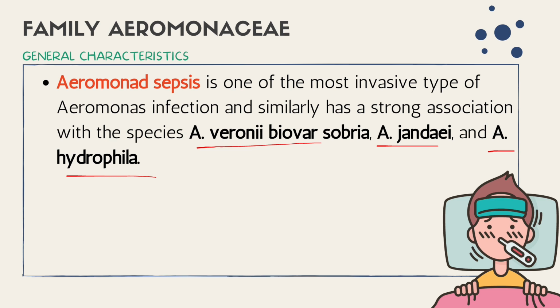Patients with a history of liver disease, hematological malignancies or bone marrow disorders, and hepatobiliary disorder are also at risk of having a serious type of septicemia called Aeromonad sepsis.